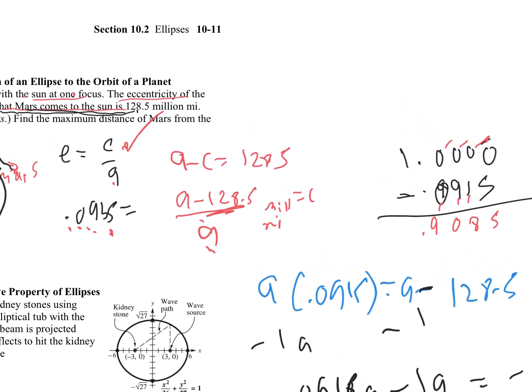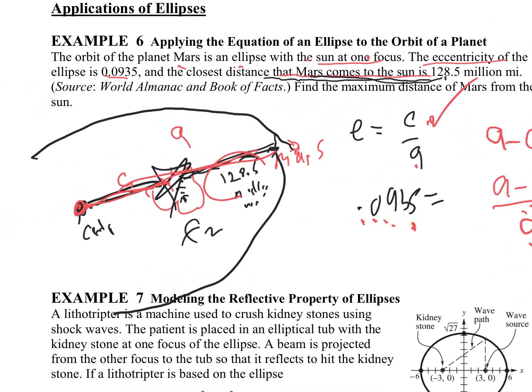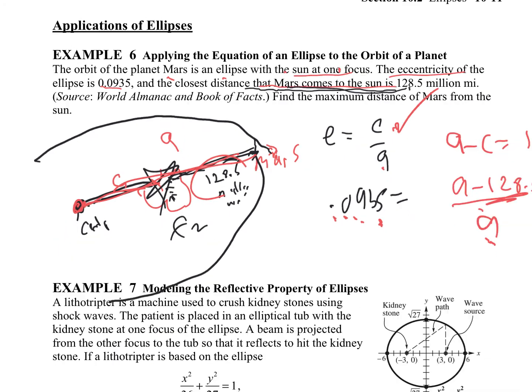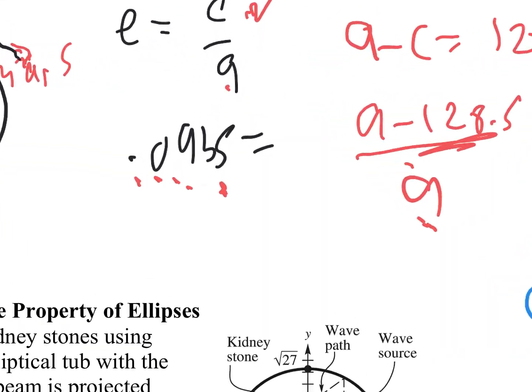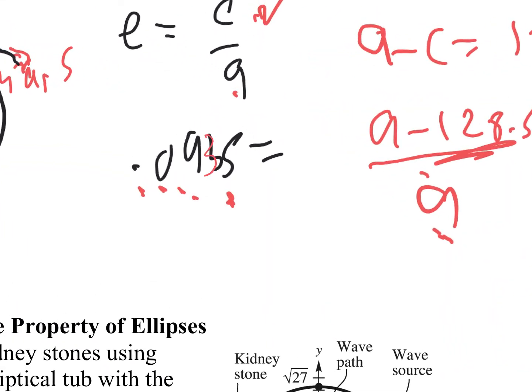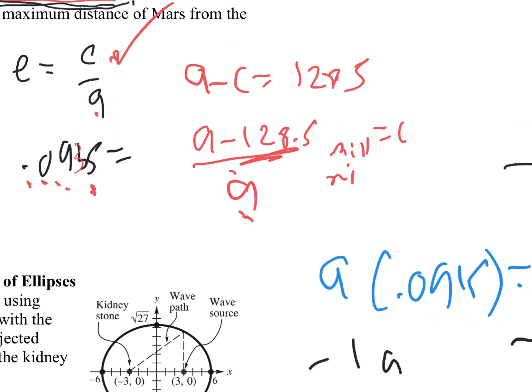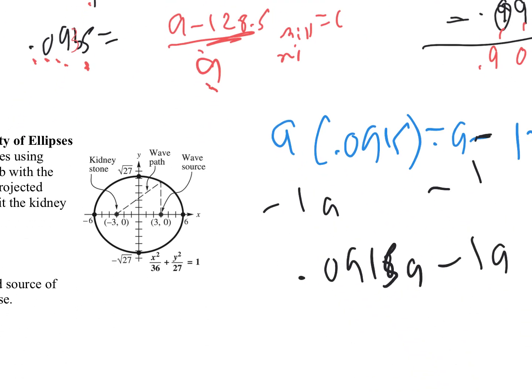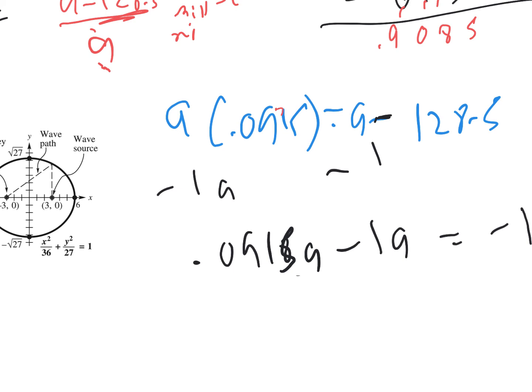I think I wrote the number wrong. The eccentricity is 0.0935. Oh, this whole time I couldn't read my handwriting. It is a 3.5, I put a 1 here.